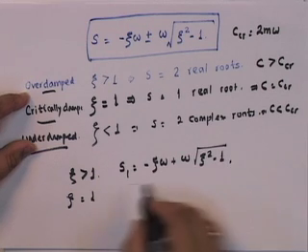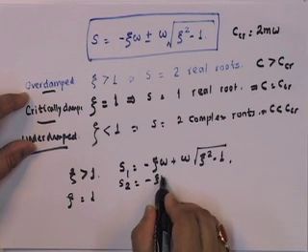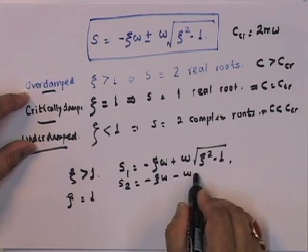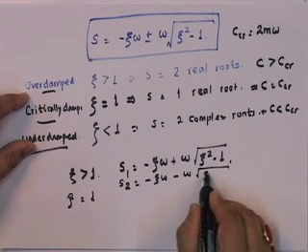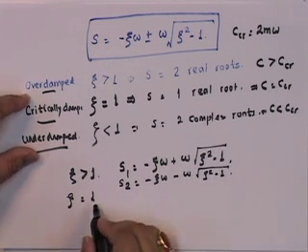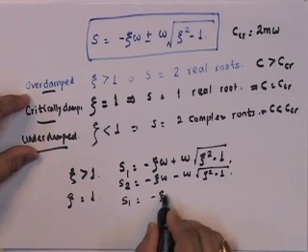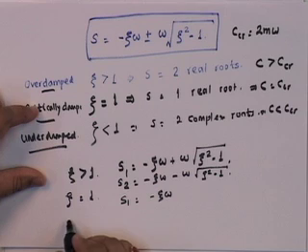Sorry, here then you have S2 is equal to minus zeta omega minus omega square root of xi squared minus 1. If xi is equal to 1, you only have one root, which is minus xi omega.